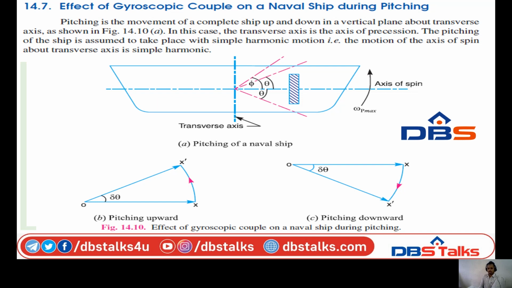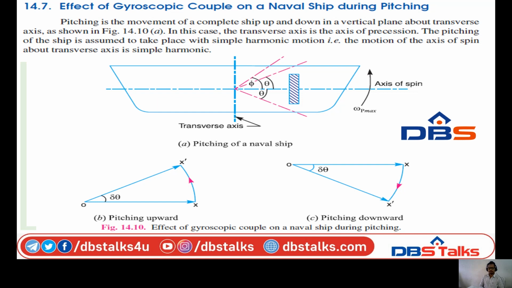sine omega t, where phi is the amplitude of the spin, that is the maximum angle turned from the mean position in radians, and omega is the angular velocity of the simple harmonic motion, that is 2 pi by the time period of SHM, 2 pi by TP in radians per second.